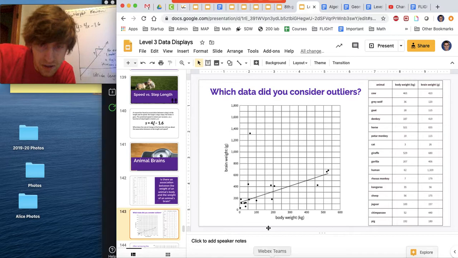Step two is you get a straight edge, like I use spaghetti noodles, and you keep wiggling it around until it looks like the right amount. It looks like this spaghetti noodle goes pretty much through the center of everything.